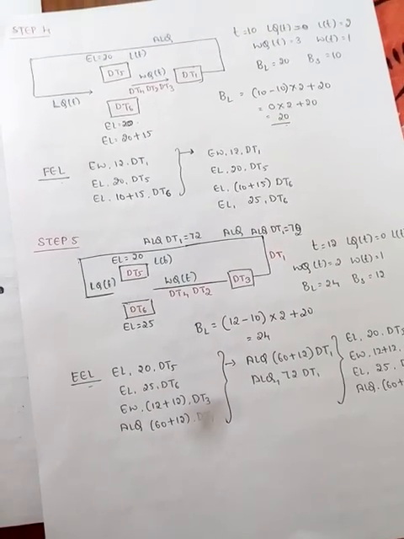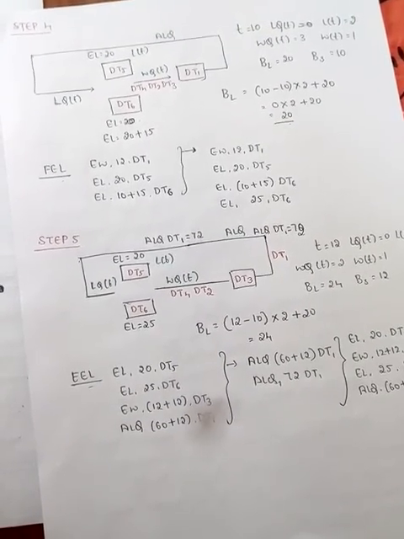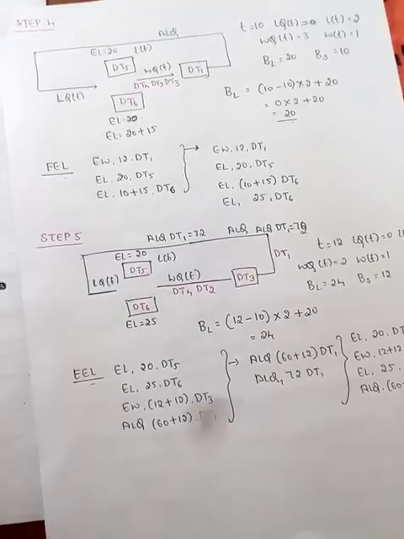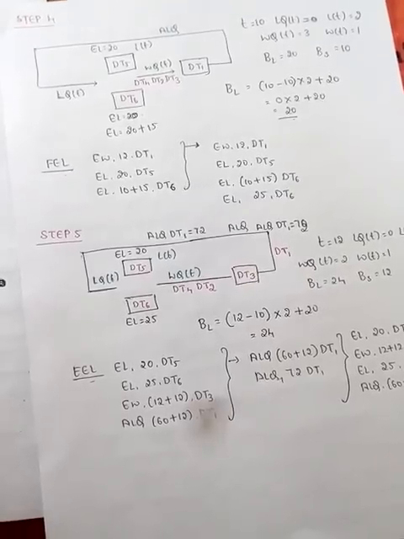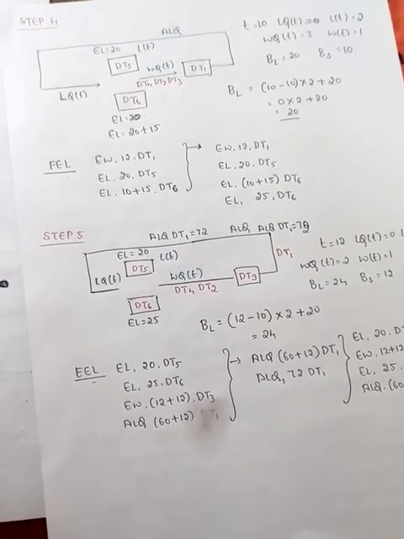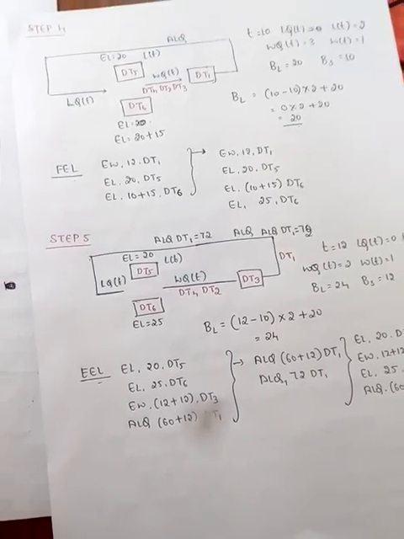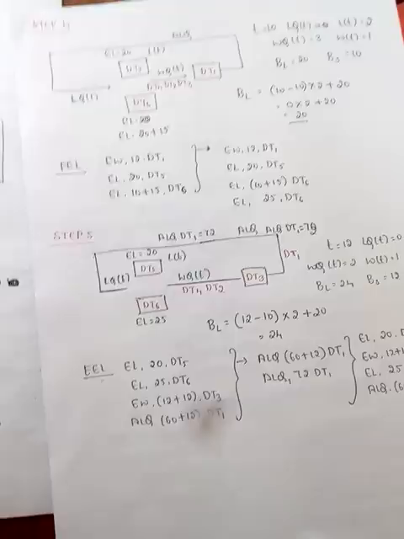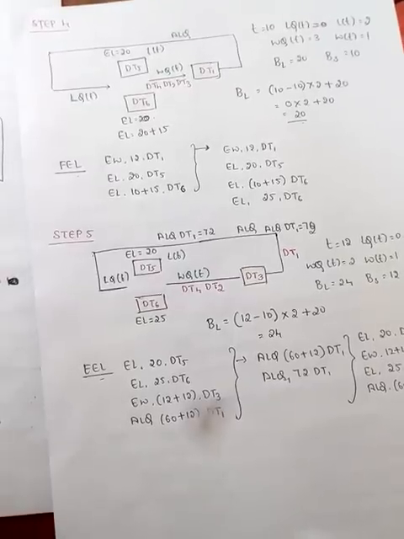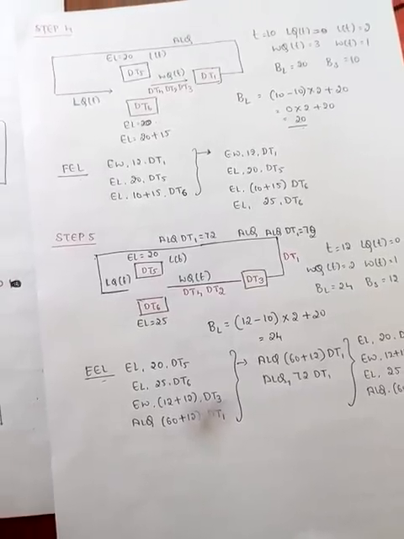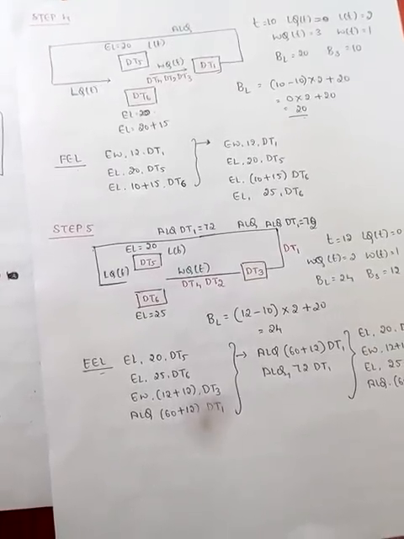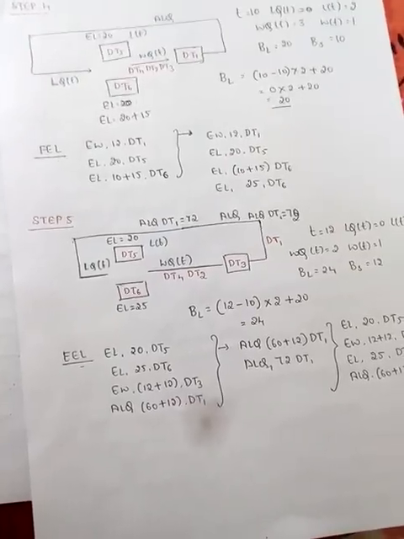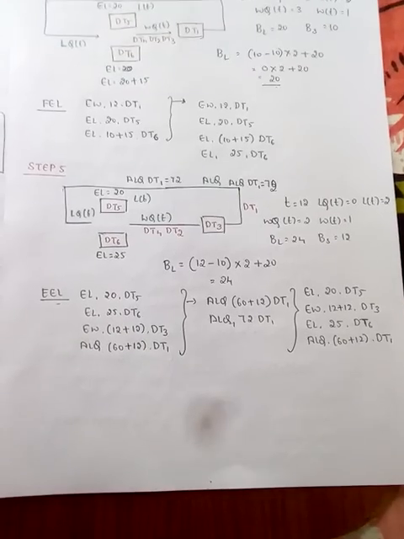Now I have to rewrite that: EW, 12, DT1, EL, 20, DT5, EL, 10 plus 15, DT6. 10 was my previous value of DT5 plus present time 15. So EL, 25, DT6. Now we'll move on to the step 5 process.